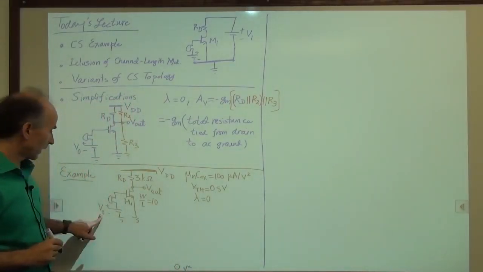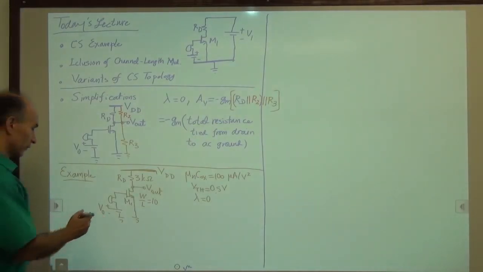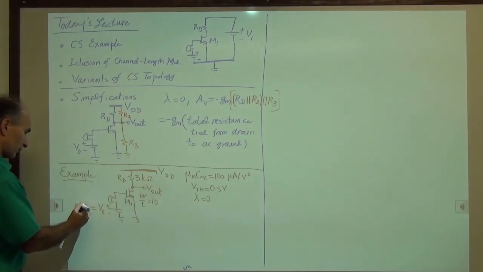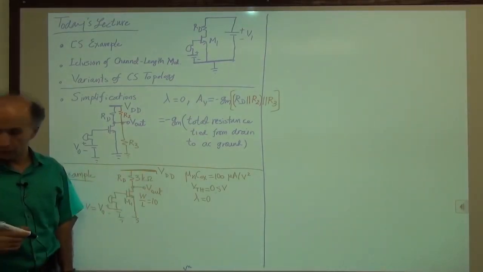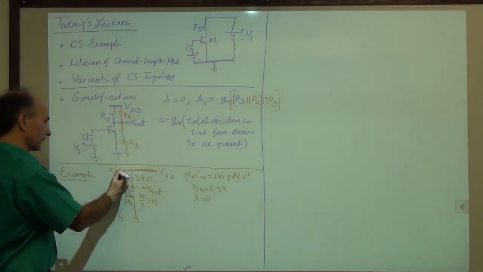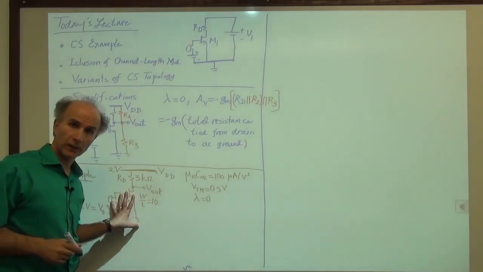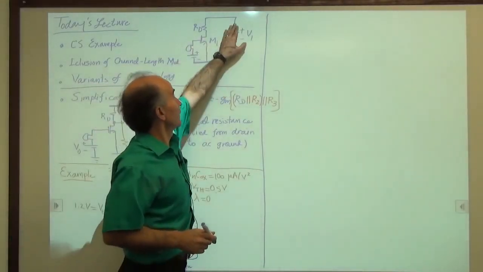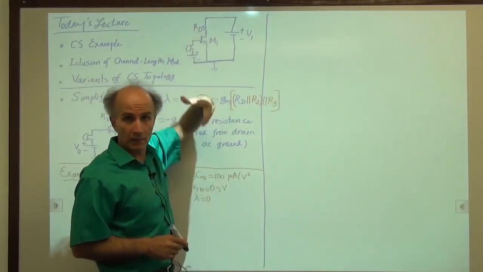Okay. I have chosen for V0 a voltage of 1.2 volts. And for the supply, I have chosen 2 volts. So anytime this picture is not quite clear, you go back here. You remember that this is 2 volts from here to here. This is 1.2 volts. That's 3 kilo ohms, etc.